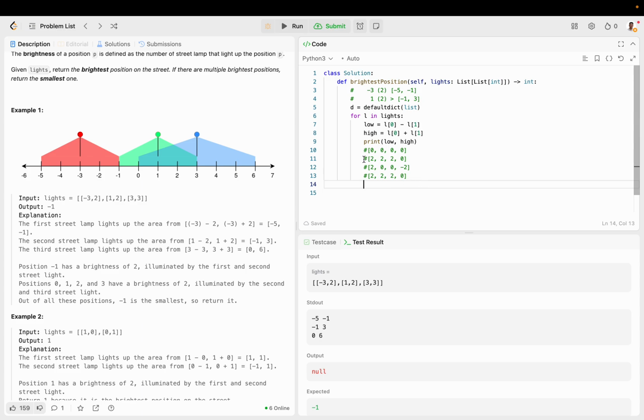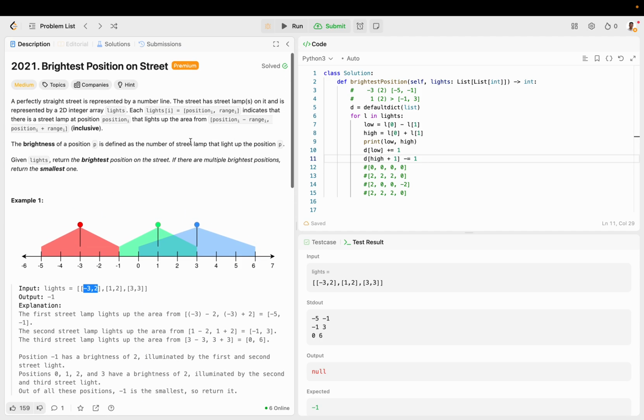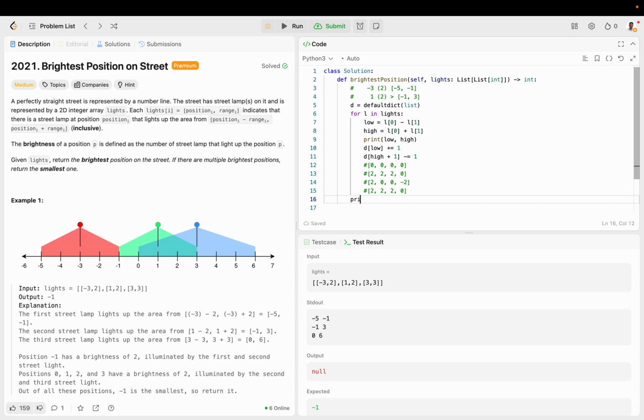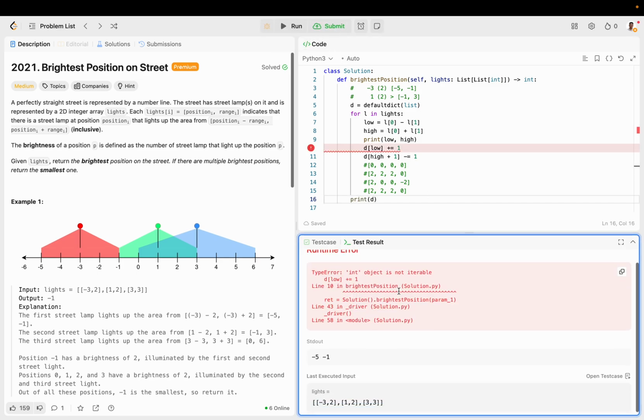And so now, instead of doing this, let's keep it inside of the dictionary. So d[low] plus equals 1, and d[high + 1] minus equals 1, because every time we do this, we're lighting it up by 1, right? So let's print the dictionary.